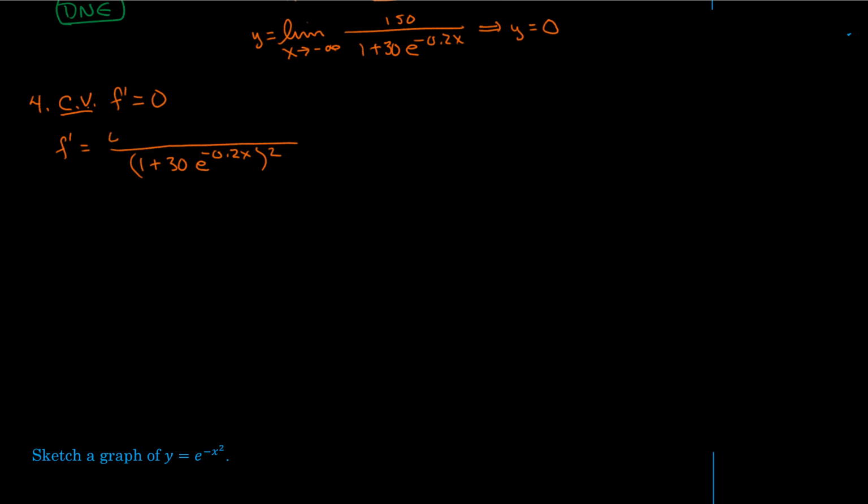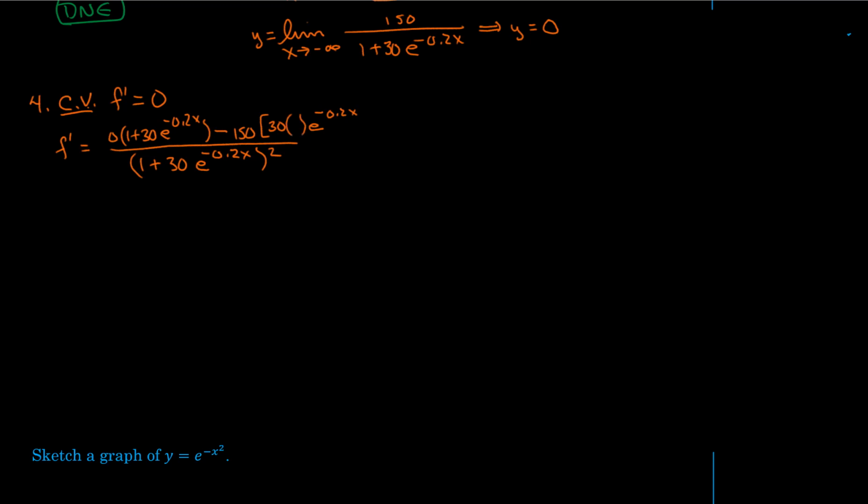So that's going to give me 0 times this 1 plus 30 e to the negative 0.2x minus, then I'm going to do the 150, and it's going to be times the derivative of the denominator. Well, the derivative of 1 is 0, and I have to take the derivative of this 30 e to the negative 0.2x.